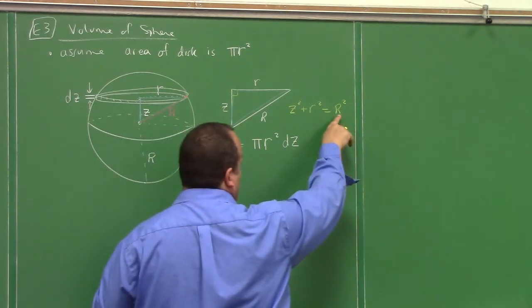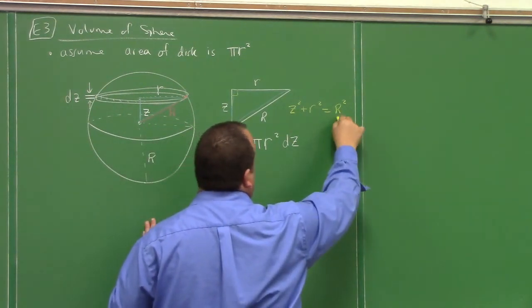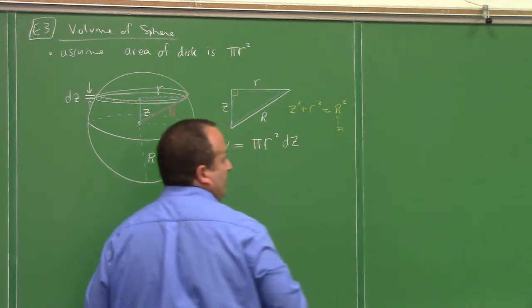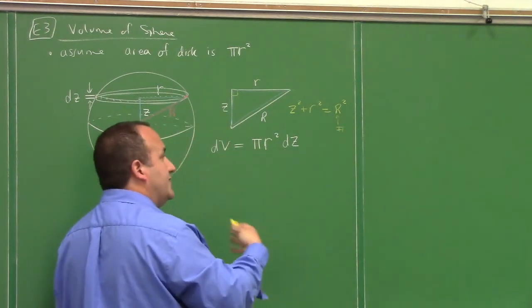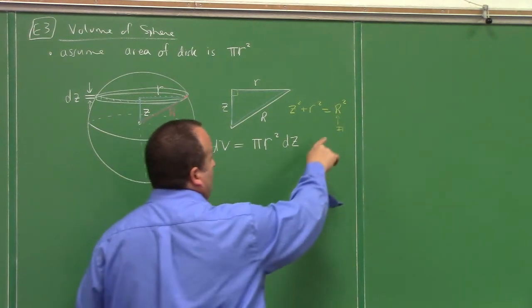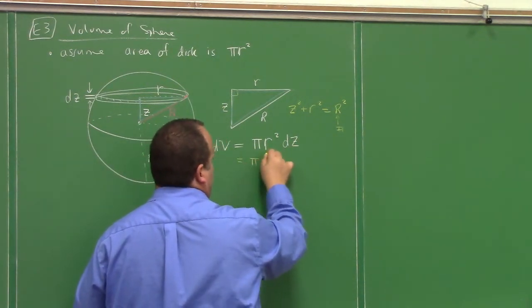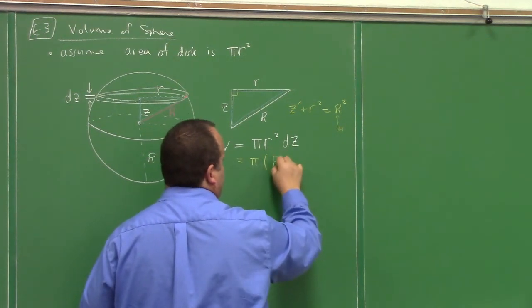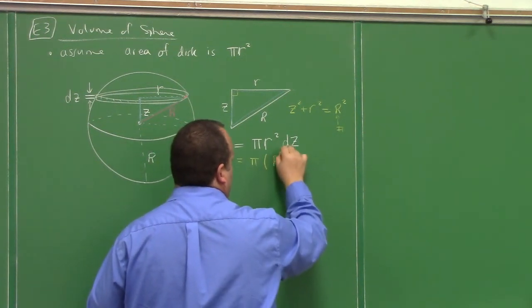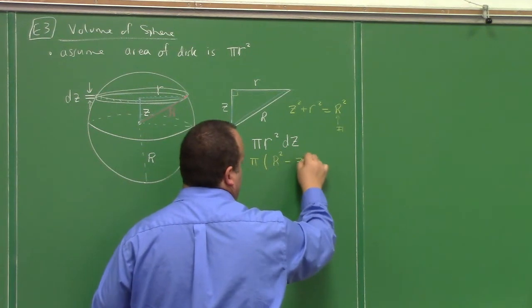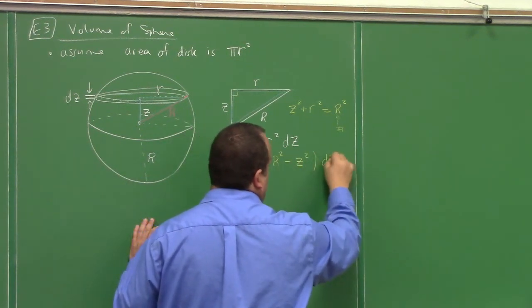Now, big R is just a number, right? But little r and z are variables. So I can solve for that though, right? This is pi times little r squared, which is really big R squared minus z squared, dz.